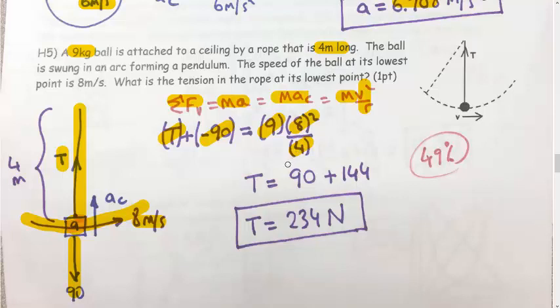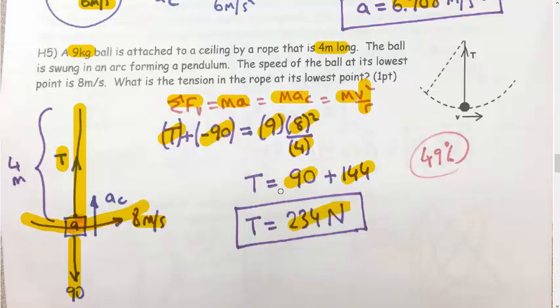So I say my tension is equal to 90 plus 9 times 64 over 4, which is 144, and we add them together like that.